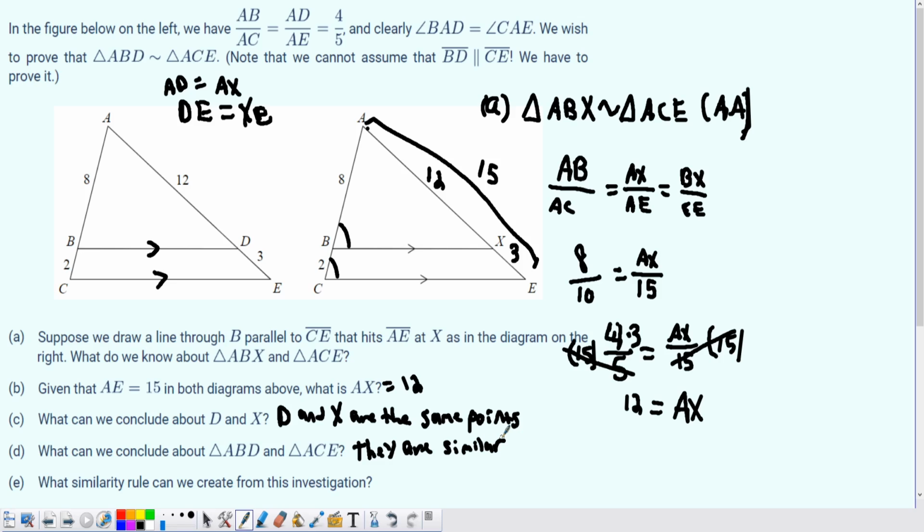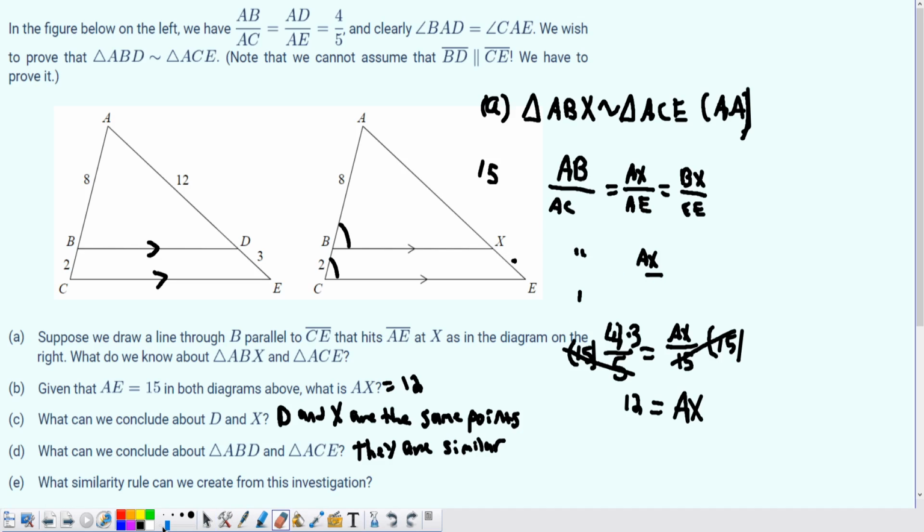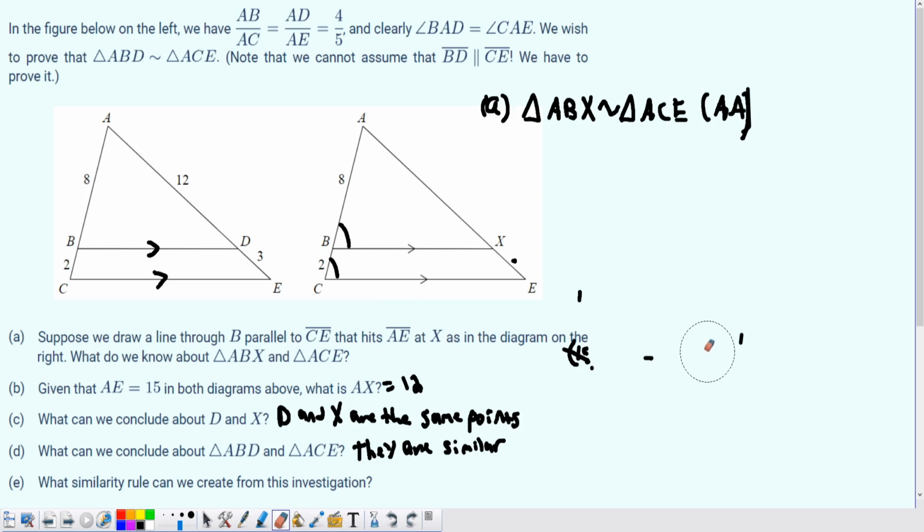Now, what similarity rule can we create from this investigation? So let me get rid of some of the fluffy stuff here and leave what we have just discovered, or really what we began with in the first place, in our diagram on the left. What did we start with? Well, we started with proportionate sides.